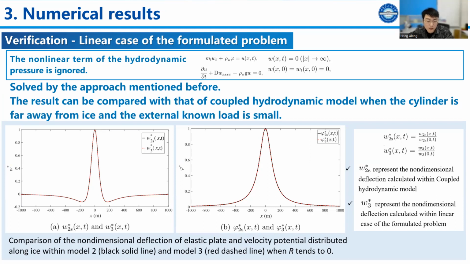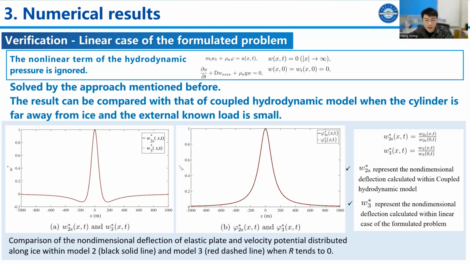It means the cylinder is far from the ice cover, and the external load is small enough. From these three validation cases, we can say the results we calculated are right.